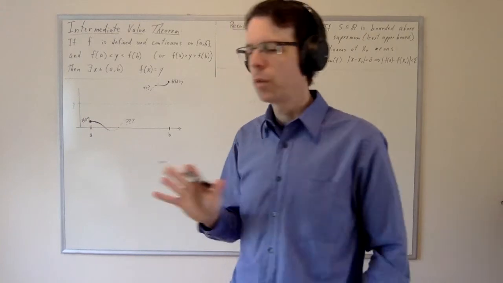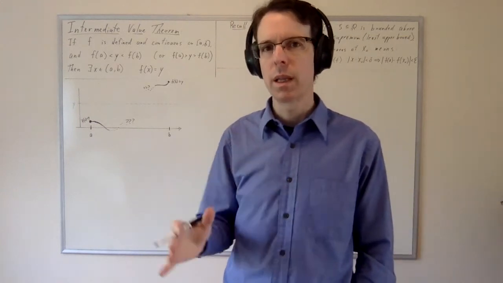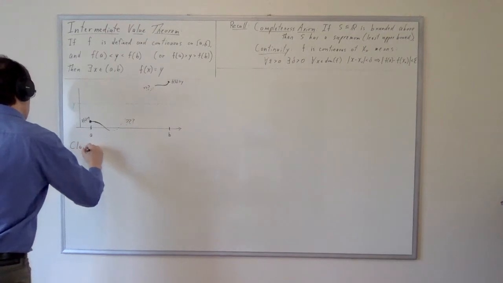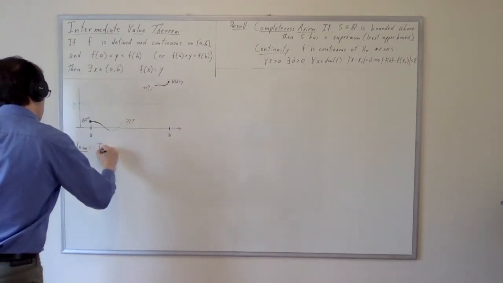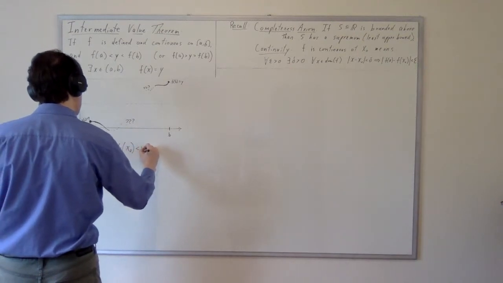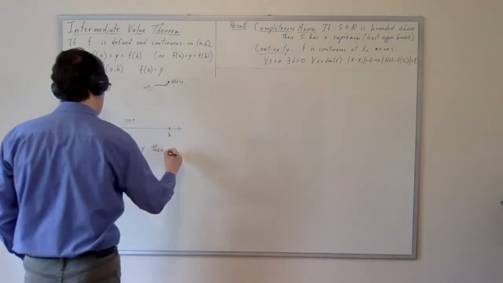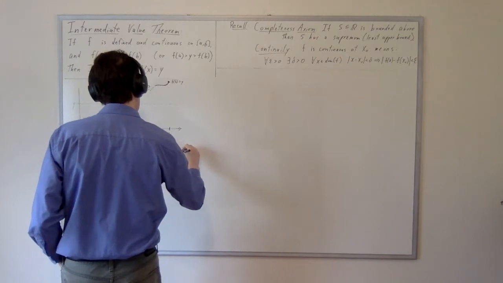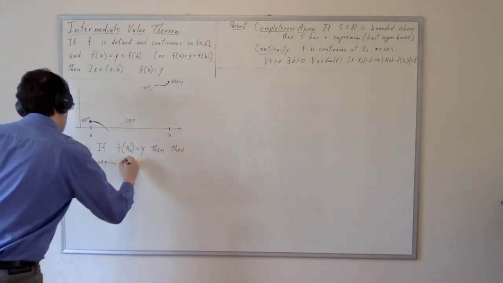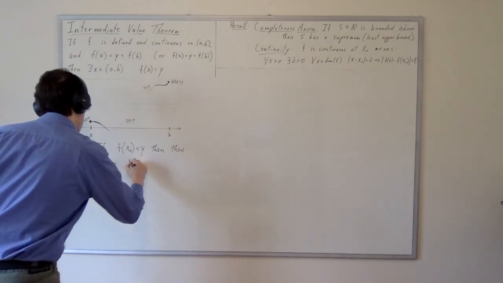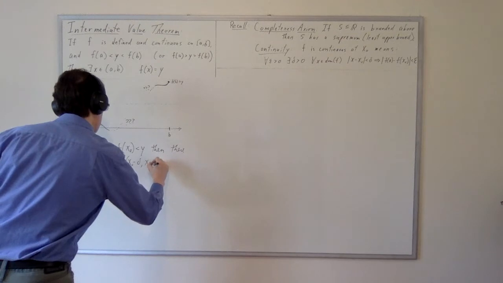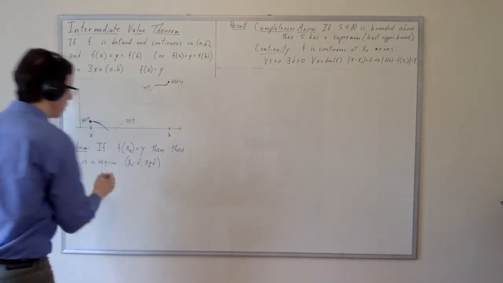So first we're going to prove this slightly negative result. So let me claim this negative result here. If f of x naught is less than y, then there is a region (x naught minus delta, x naught plus delta), so a little window around x naught.